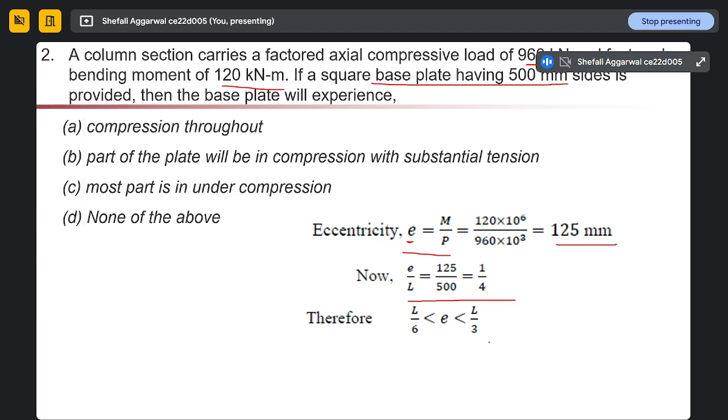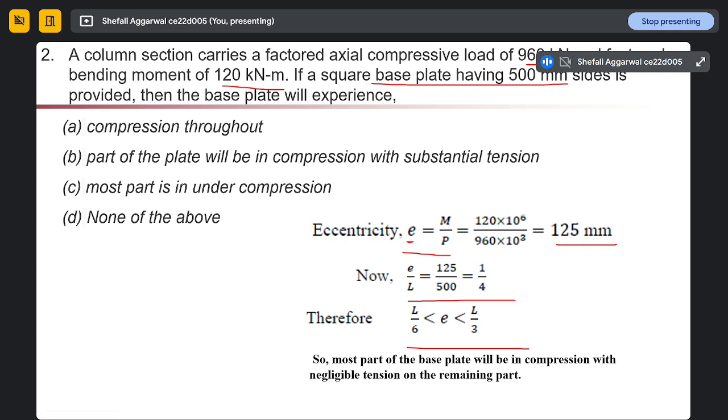We have seen three cases: E is less than L upon 6, E is between L upon 6 and L upon 3, and E is more than L upon 3. In this case, this is case 2, where E is between L upon 6 and L upon 3. So the answer will be most part of the base plate will be under compression, with very little tension in the plate.